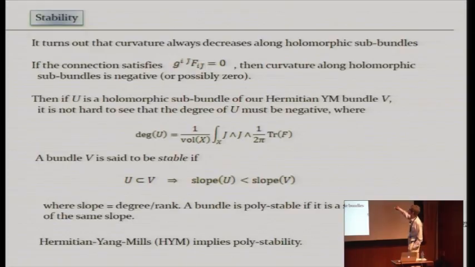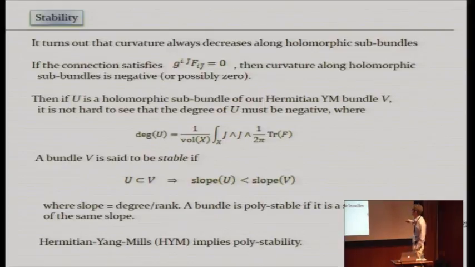Right, so this is the Hermitian-Yang-Mills equations. Well, if I then look at a holomorphic subbundle, it's not hard to see that the Kähler trace of the curvature of U has to be negative or 0, because it's 0 for V, it's going to be negative or 0 for any holomorphic subbundle of V.